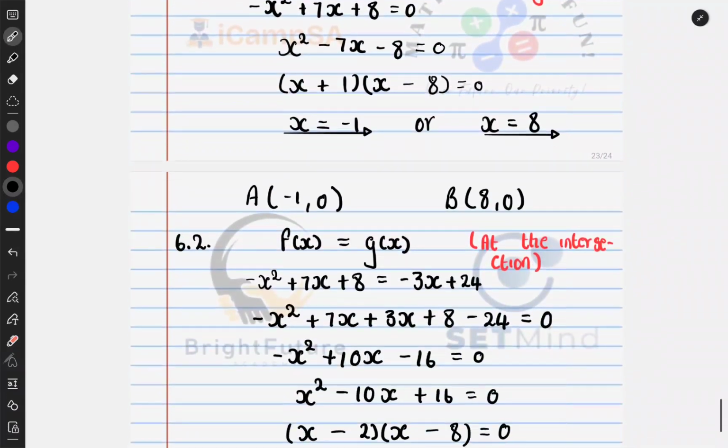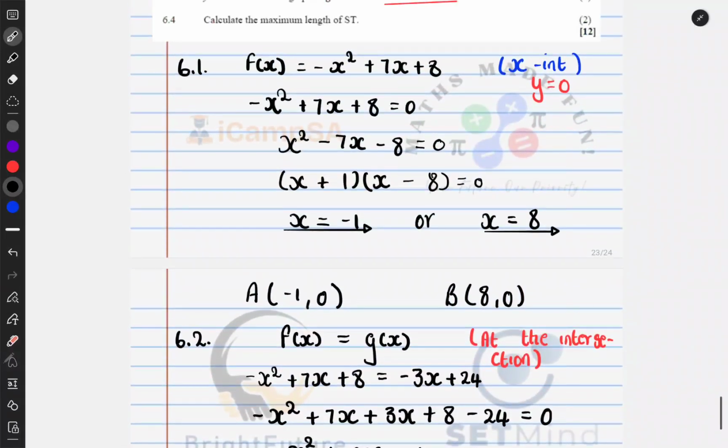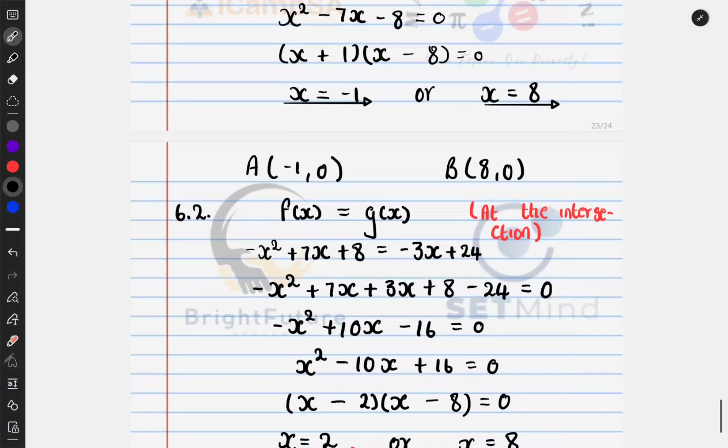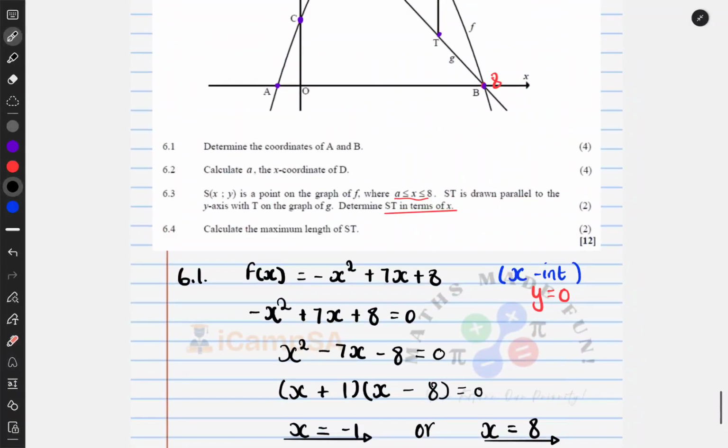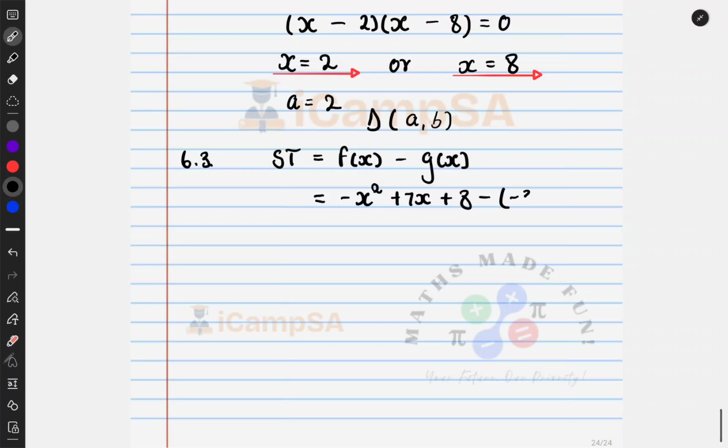It is minus x squared plus 7x plus 8, and then for g at x we have minus 3x plus 24. Yes, so let's put that in brackets, minus 3x plus 24.